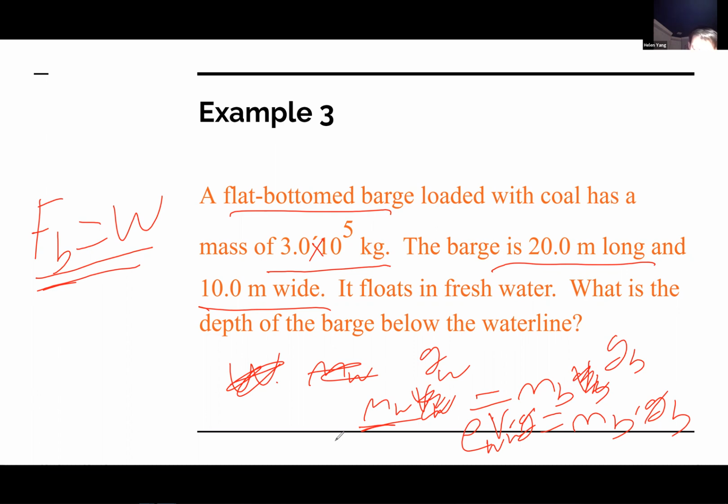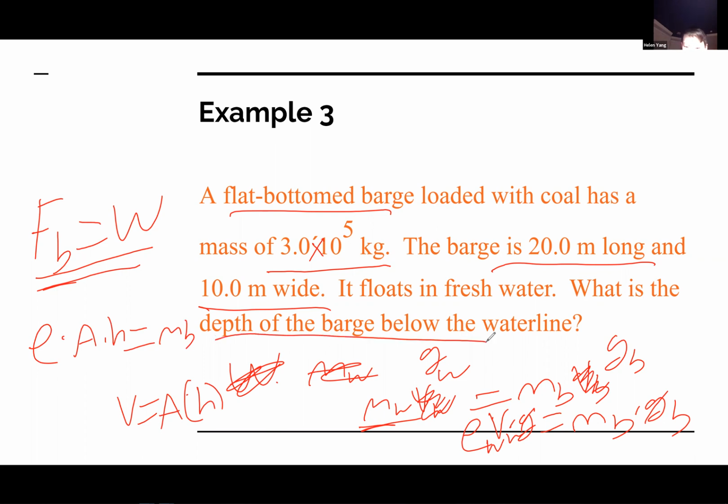Volume is equal to the area times the height. So you can write rho times A times H is equal to the mass of the barge. You're trying to find the depth of the barge below the waterline, so you're trying to find the height.